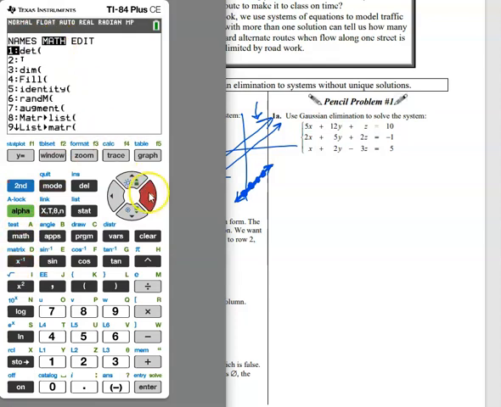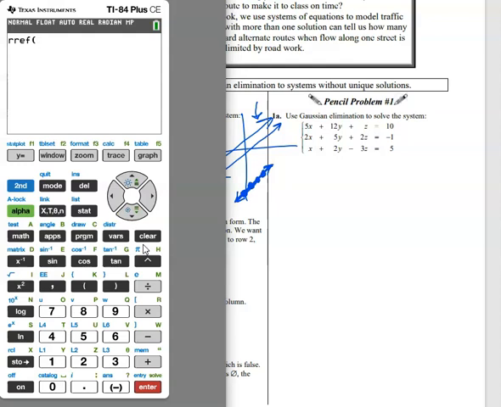I want to do math this time, and I'm going to scroll down. It's way down here, looking for reduced row echelon form. And I want to do reduced row echelon form for matrix B that I just created. And I get this one.